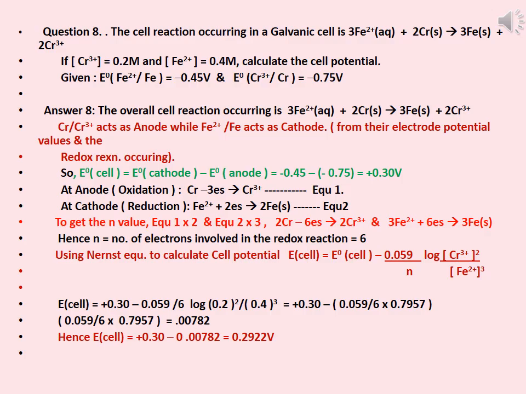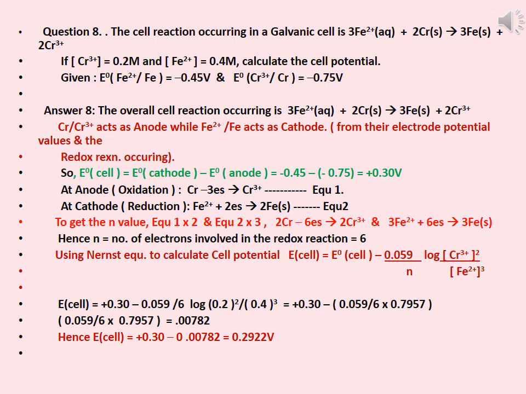Now, third step. Using the Nernst equation, we can calculate the cell potential. E cell is equal to E naught cell minus 0.059 by n log molar concentration of chromium ions, the whole square, divided by molar concentration of Fe2+, the whole cubed.